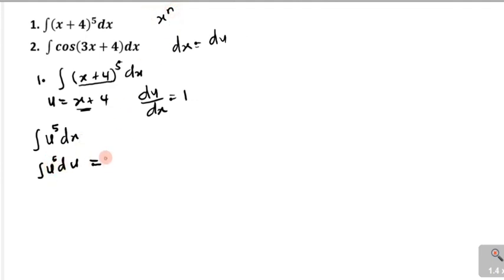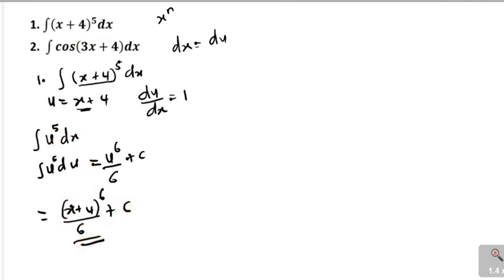So this is going to be u raised to power 6 divided by 6, because I added 1 to this, and divided by 6, plus c. You know from the beginning our u is x plus 4. So we can say that our final answer is going to be x plus 4 raised to power 6 divided by 6 plus c. So that gives the answer to this.